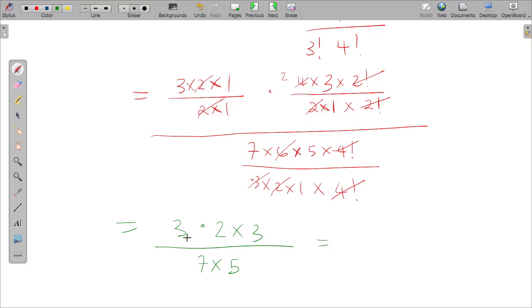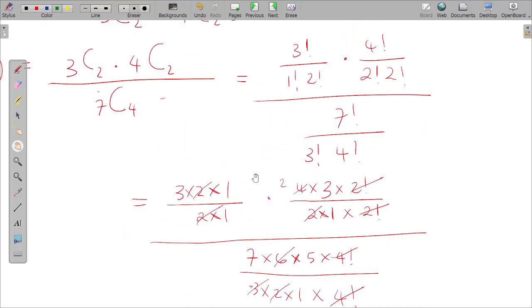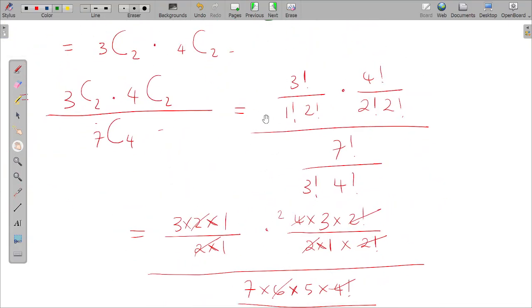So we get 18 over 35. Please ensure you understand that. So that is example 1.